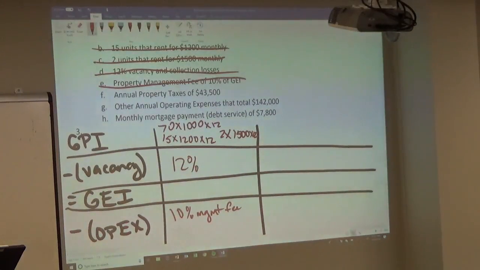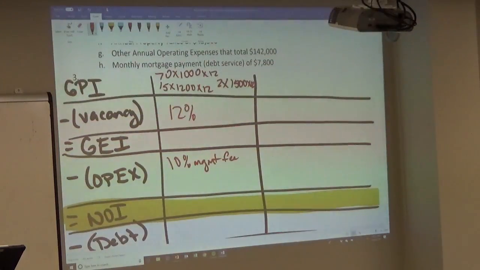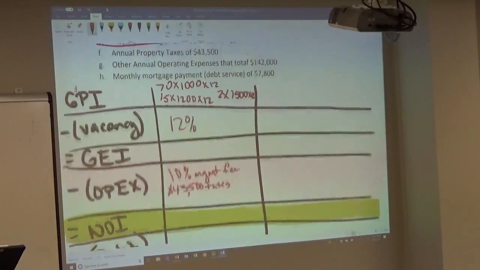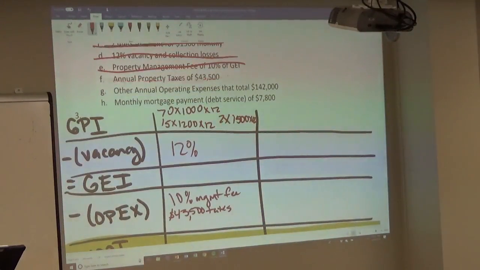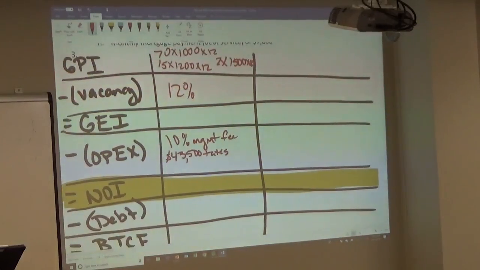We've got annual property taxes of $43,500. So that's going to go as an operating expense. Taxes. Other annual operating expenses that total $142,000. So we'll put that on our operating expense line as well.